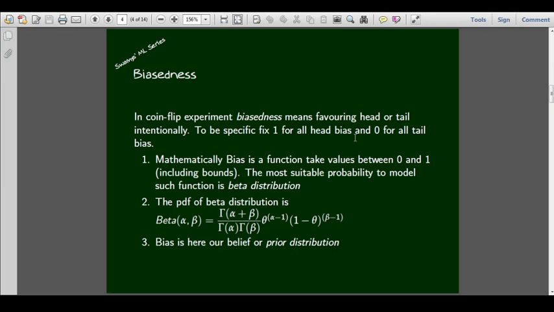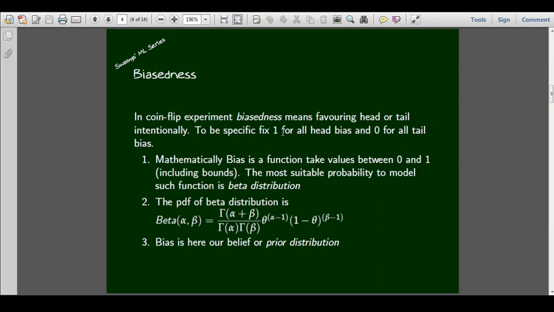Now we move on to the mathematical idea. Mathematically, bias is a function that takes values from 0 to 1. See, I defined biasness like this. Bias is 1, that means full head. Bias is 0, that is full tail. So in this experiment, either I get full head, that is a maximum favorable thing if I consider getting head as success, and also 0 bias, that means I got full tail.